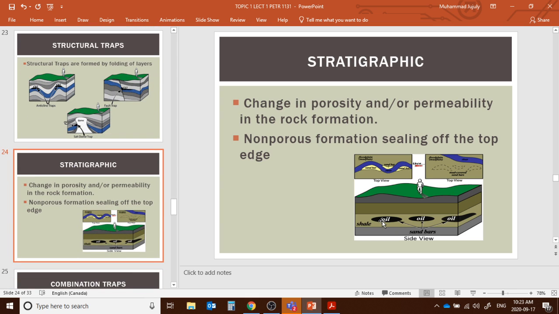So these oils can be trapped inside the sedimentary rock if there is a block by an igneous rock. So the non-porous formation sealed off the top edge, and that's how these traps can be formed. We call them stratigraphic traps.